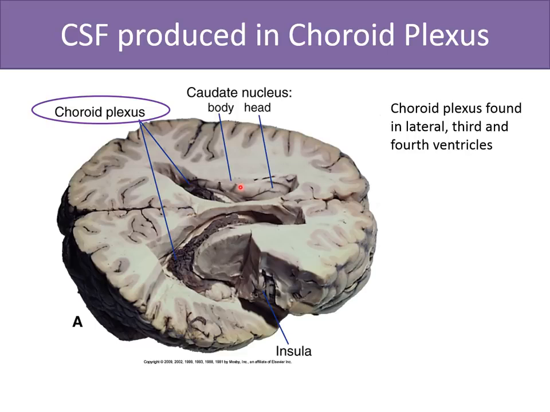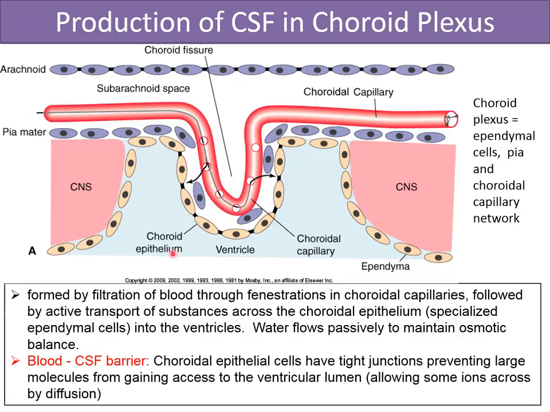We see where the CSF is produced here in the lateral ventricle, in the walls of the lateral ventricle. You'll see choroid plexus. You see some over here as well. We see some of the production of CSF in the choroid plexus, and you see very small blood vessels coming in around the choroid plexus.